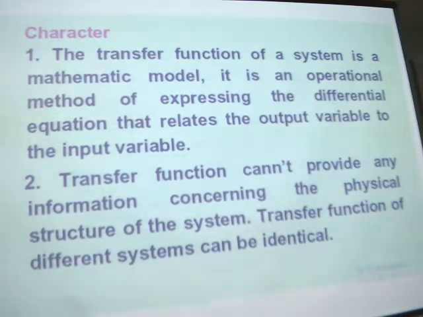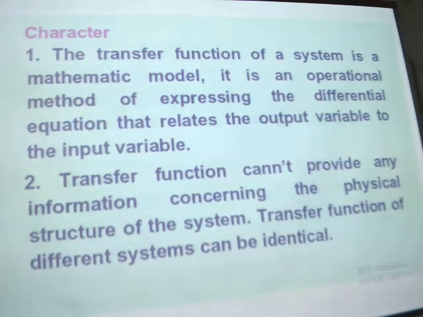The second, the transfer function cannot provide any information concerning the physical structure of the system. Many different systems can be identical. For an electrical system or a mechanical system, maybe they are the same.